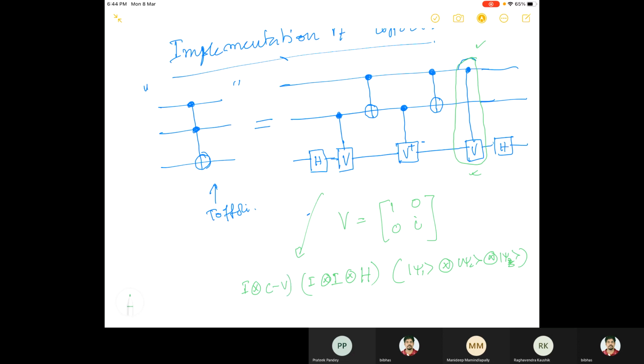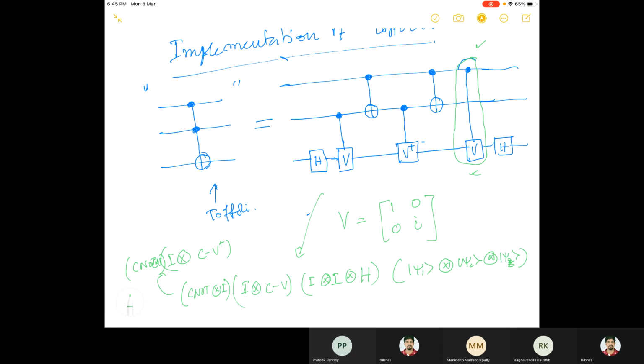Then you apply a C-NOT gate on the first two, so C-NOT times identity. Then again identity times control V, then again C-NOT, C-NOT times identity.